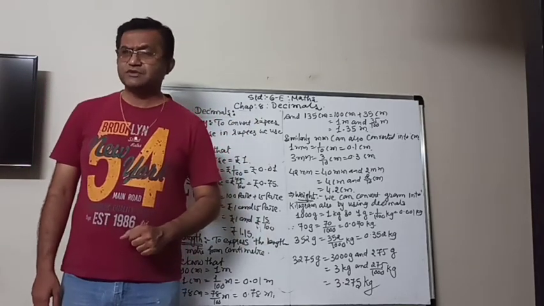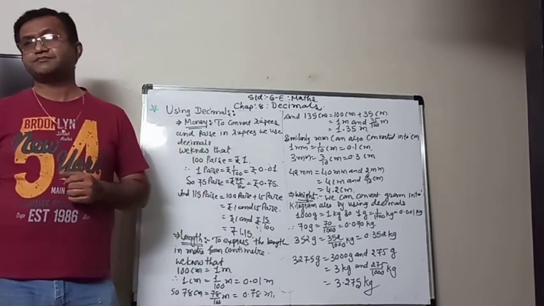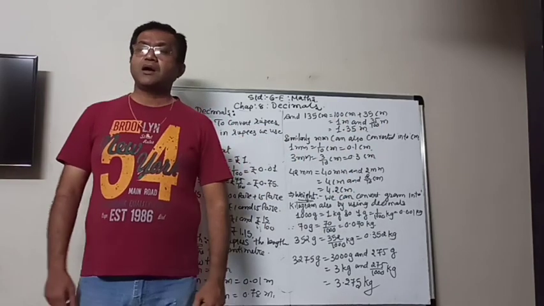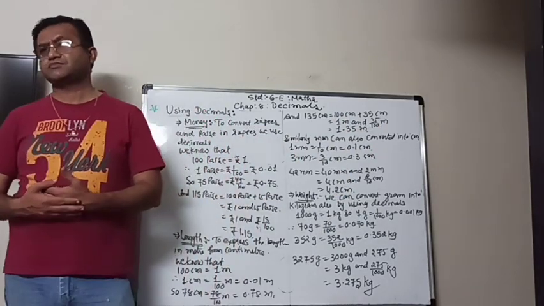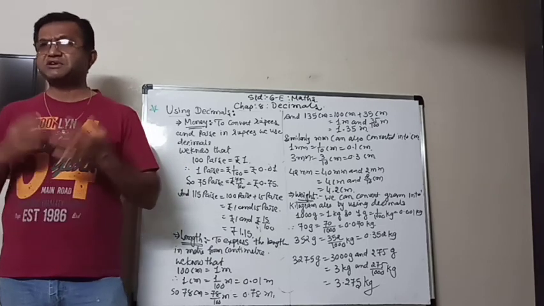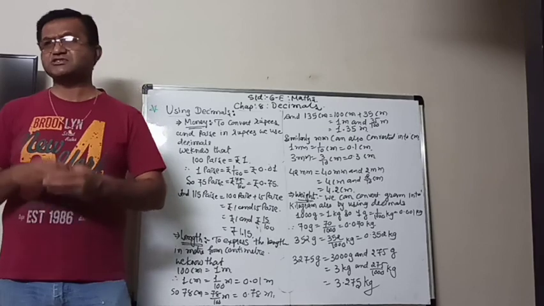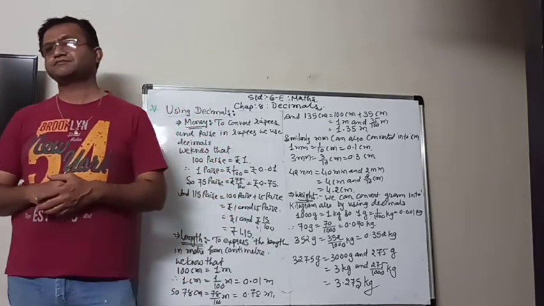Second thing, we use it in length also. When we measure the length of different objects, that is also not always in complete meters or complete centimeters or complete kilometers.